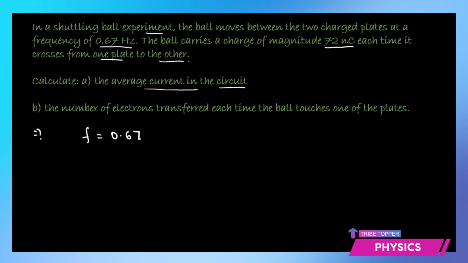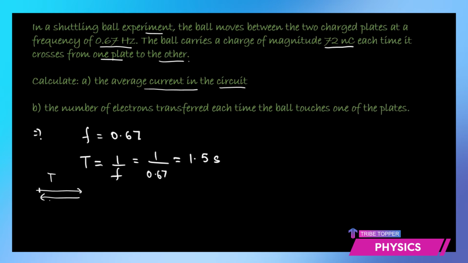So what is the time period of one oscillation, that is, the ball shuttling from one plate to the other and back? That will be the total time period T, which is 1 over F. You divide 1 by 0.67 and you get 1.5 seconds. Now this is the time to go from one plate to the other and back.